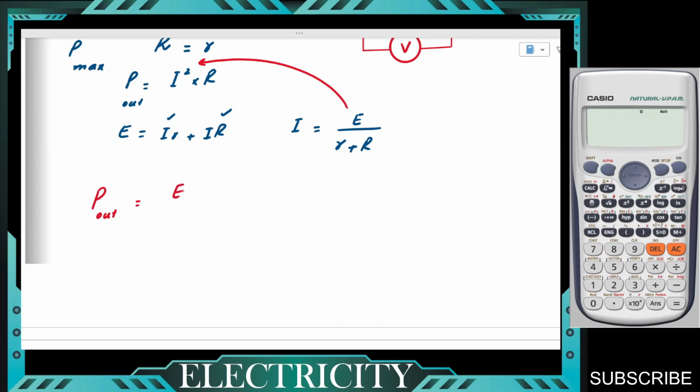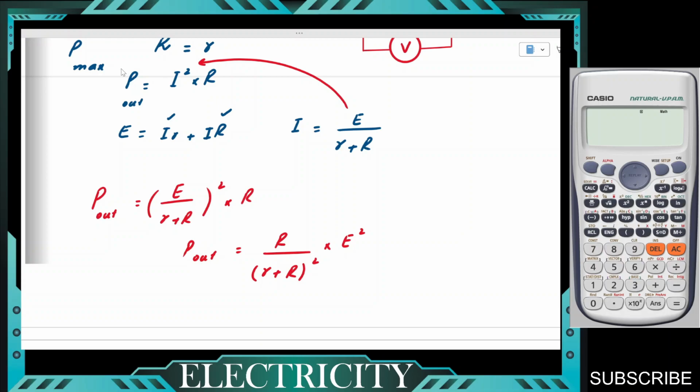I'm not going to write I squared, rather I'm going to write the expression for I, squared, times R. If I do some rearranging, it could be written as P out equals R divided by (r plus capital R) whole squared, times E squared.